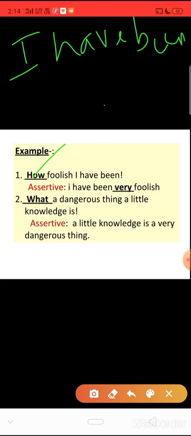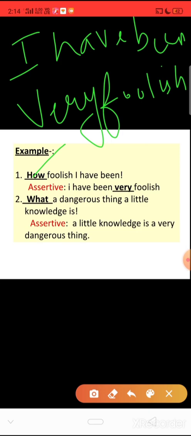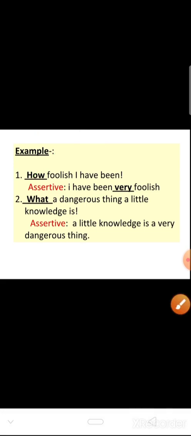Foolish is an adjective, but in rule number 1 it is said that before the adjective we have to add very. So now this exclamatory sentence changes into an assertive sentence, that is I have been very foolish. Now I hope that you have understood rule number 1, that is how you can change an exclamatory sentence into an assertive sentence.